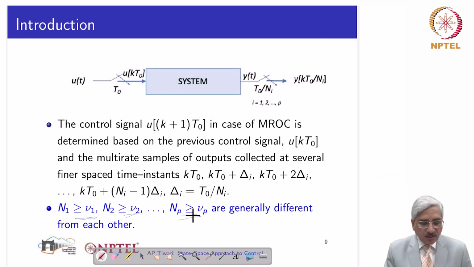N1 is greater than or equal to nu1, the observability index of output 1. N2 greater than or equal to nu2, the observability index of output 2, and so on. For the pth output, Np should be greater than or equal to nu p, the observability index of the system with the pth output.